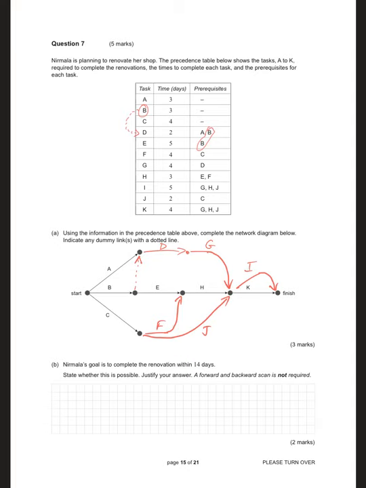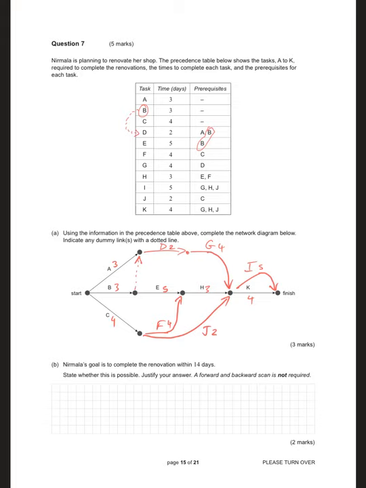Nirmala's goal is to complete the renovation in 14 days. State whether it's possible. Justify your answer. Okay, we need to add these numbers. A3, B3, C4, D2, E5, F4, G4, H3, I5, J2, K4.